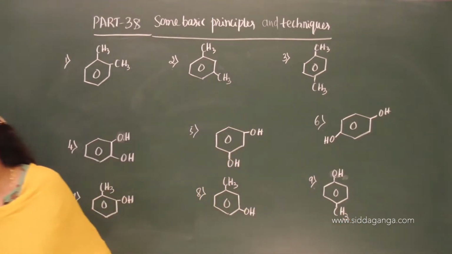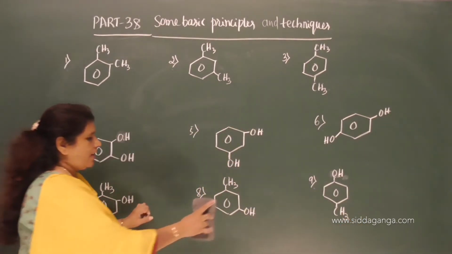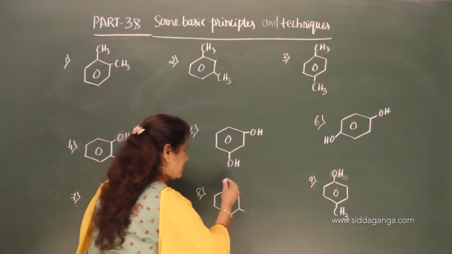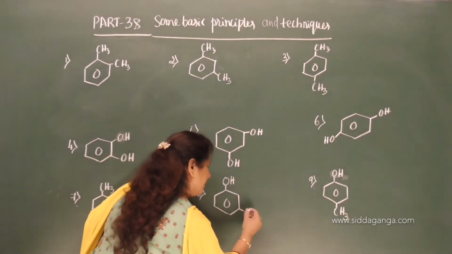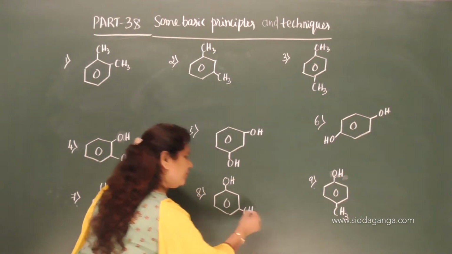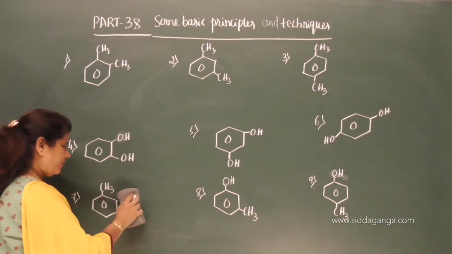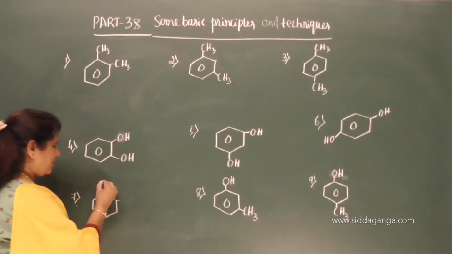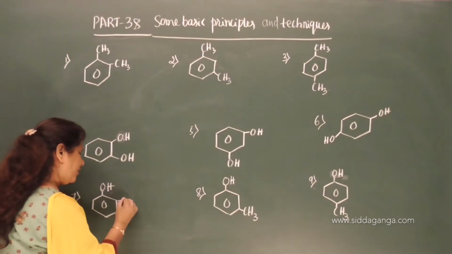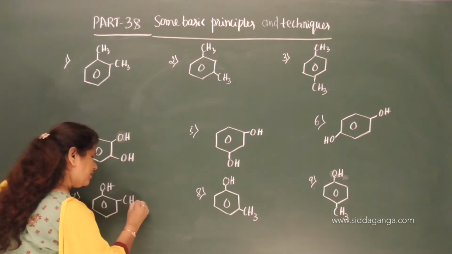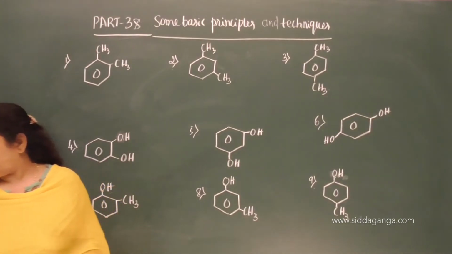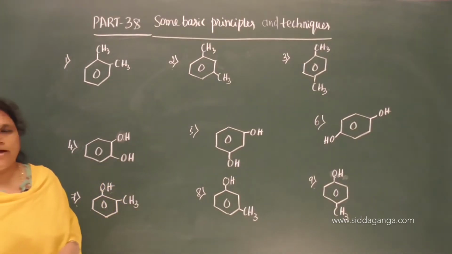So you can write these also as OH here and CH3 here. That will be good. For our convenience we can write like this, OH CH3. I have given 9 compounds here. So give the IUPAC name for this.